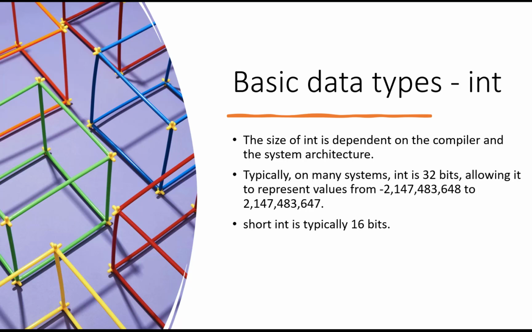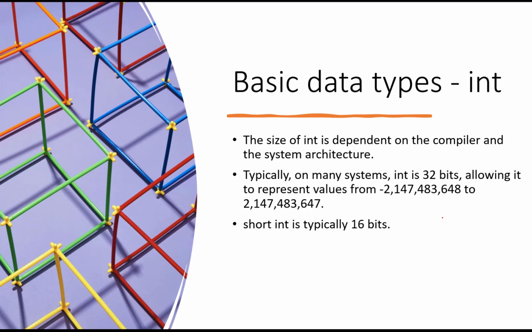Short int uses only 16 bits. Now what does it mean that the size is 32 bits? This means that in memory for an integer, 32 bits of memory are reserved, whether you use those 32 bits or not, they will be reserved. Let me give you a very simple example.